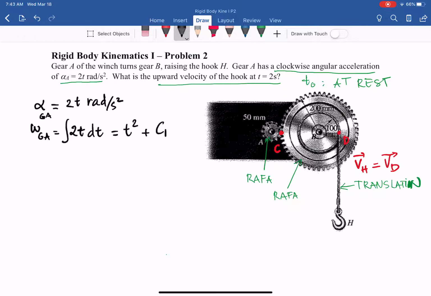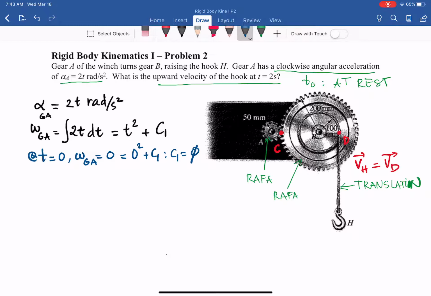If you recall the initial condition, at t equals 0 we have at rest, so the angular velocity omega GA equals 0. So it equals 0 squared plus C1, so you have C1 equal to 0.